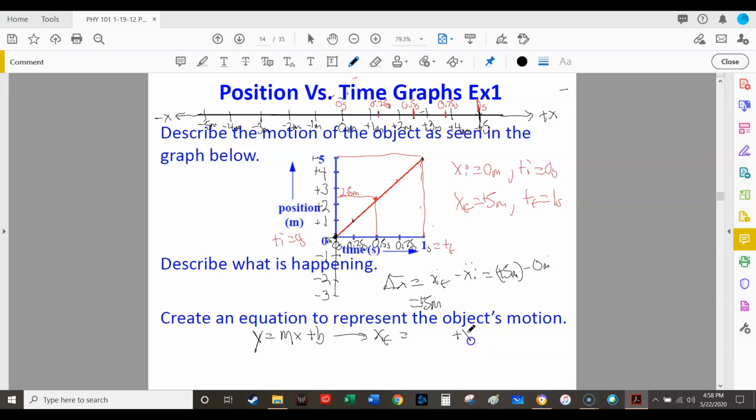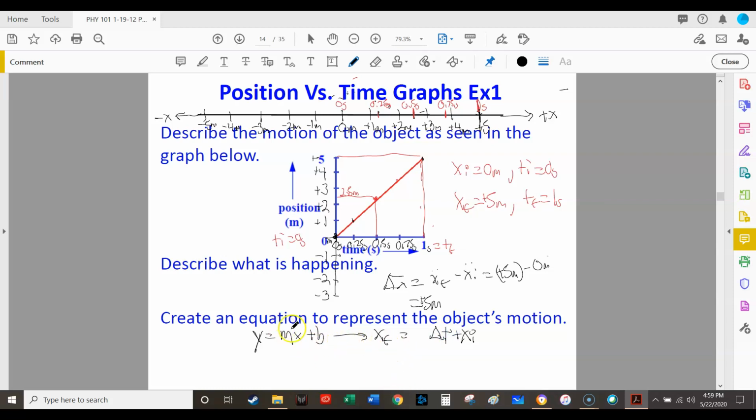So in a position versus time graph, when you're using a general equation, this y-intercept is most likely going to be your initial position. Okay. What's the name of the x-axis now? Well, that's time. So that's going to be a change in time, and that is going to be our x-axis.